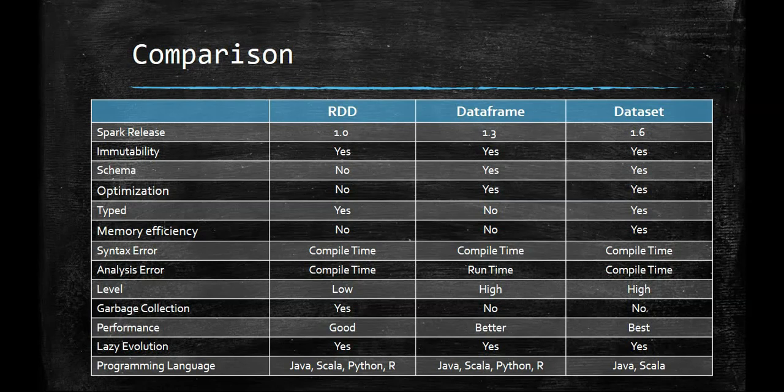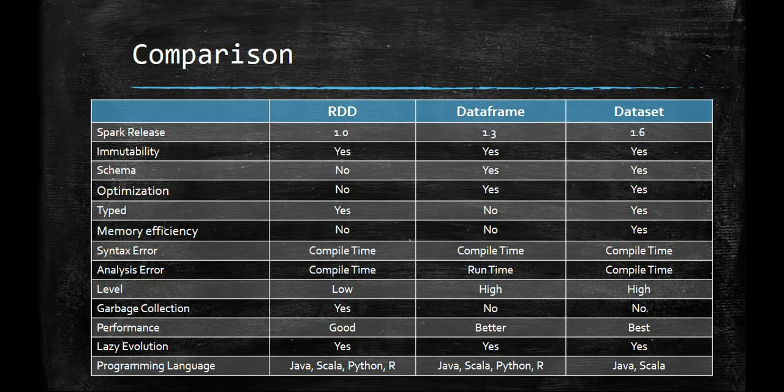Tungsten engine execution even optimizes your code much better compared to your catalyst optimizer, or the ultimate code you generate. Even when you shuffle your data, or transfer your data over the network, it provides you a much more compacted form of your data. So that's the reason we get the best optimization from the data set.